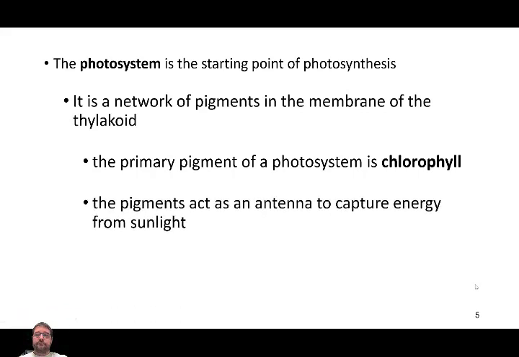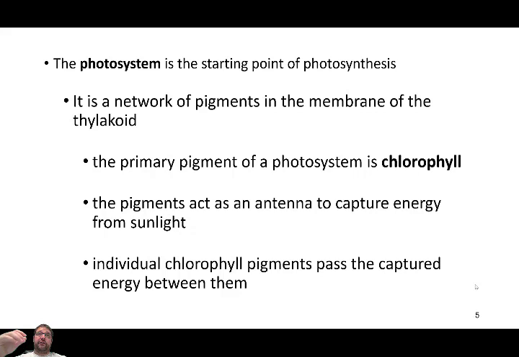So these pigments, chlorophyll and these other pigments, which we call accessory pigments, build what we call an antenna complex, or an antenna region, in the thylakoid membrane. You can think of the antenna as a dish that is capturing photons.